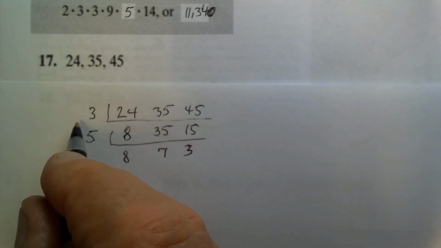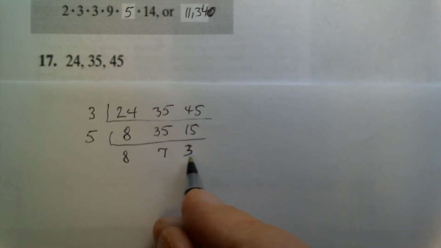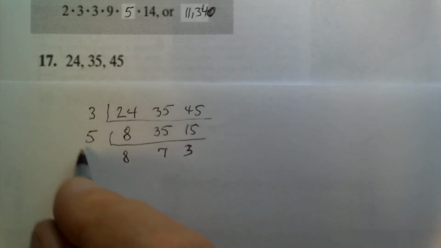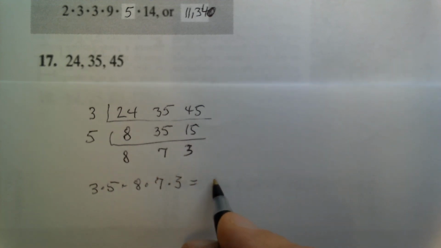So in other words, the LCM would be the product of 3 times 5 times 8 times 7 times 3, and that is 2,520.